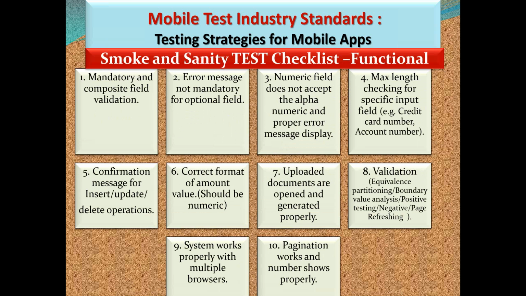It's where we do not have composite fields, where we do not necessarily need to enter any information. So if you do not enter information in a field which is optional or not mandatory, you should not be receiving the message that you should fill it out.